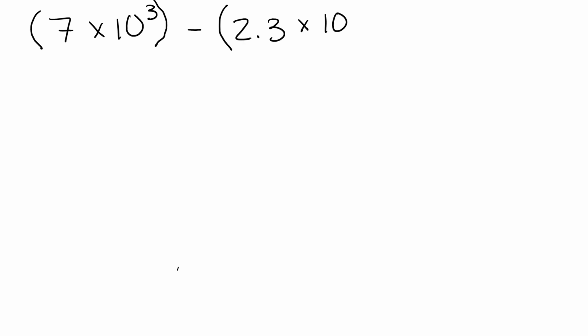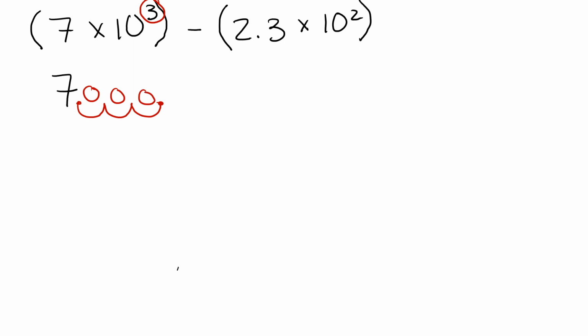For number 2, we have the problem 7 times 10 to the third, and we're going to subtract it from 2.3 times 10 to the second. Now, just like before, when we're adding or subtracting, we want to write our numbers in standard form. Meaning, we take our decimal point here at the 7, and we're going to move it 3 times. 1, 2, 3.